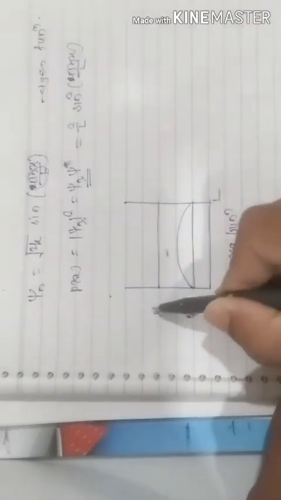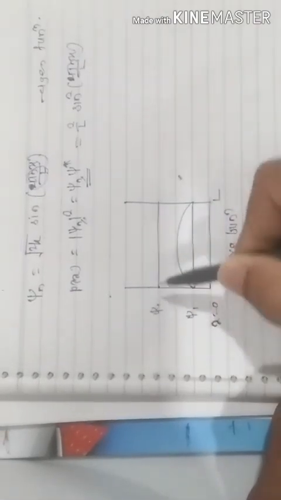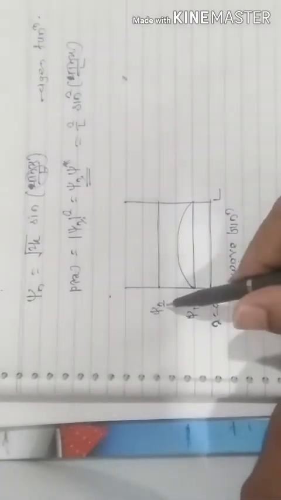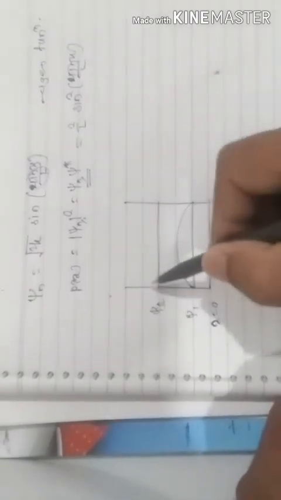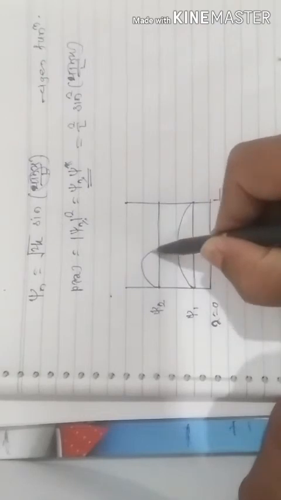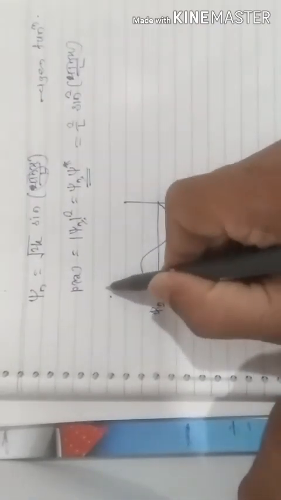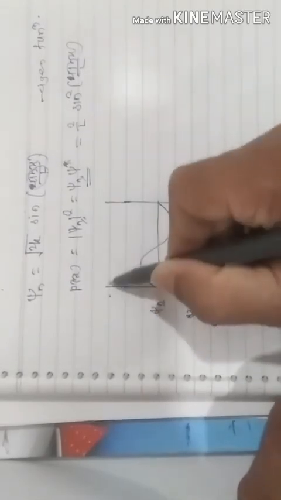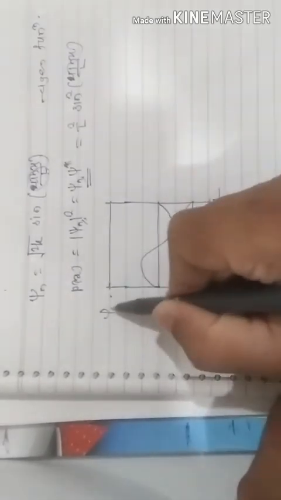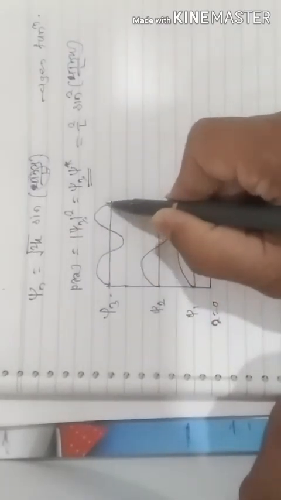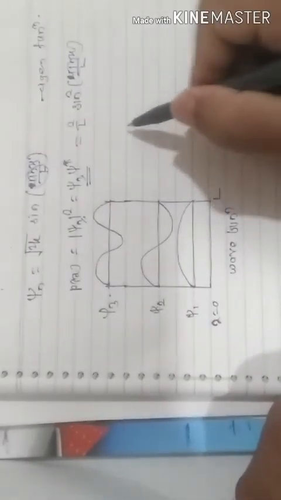If we draw psi 2, meaning principal quantum number value is 2, it looks like this. And the third would look like this. These are the wave functions.